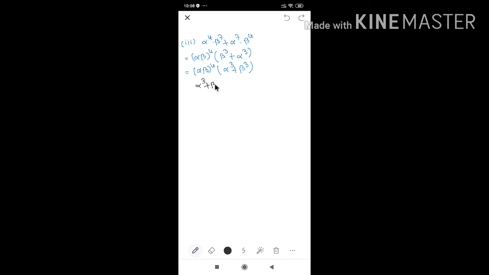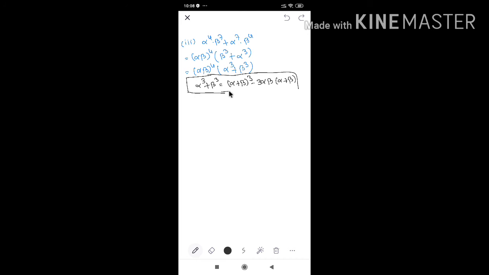So previously we have one formula: a cube plus b cube is equals to a plus b whole cube minus 3ab into a plus b. This is the formula we need to remember.